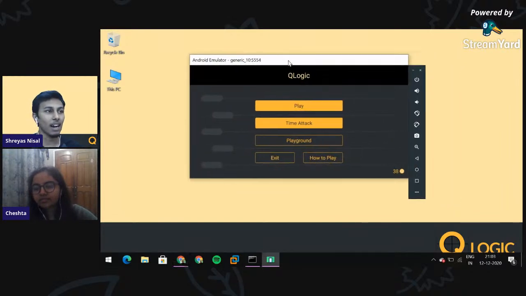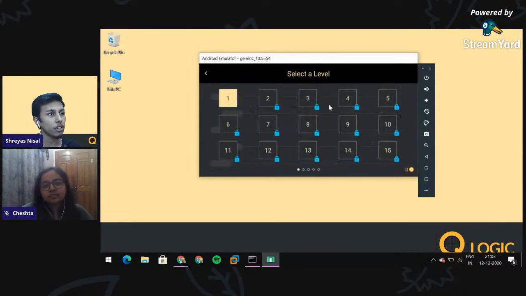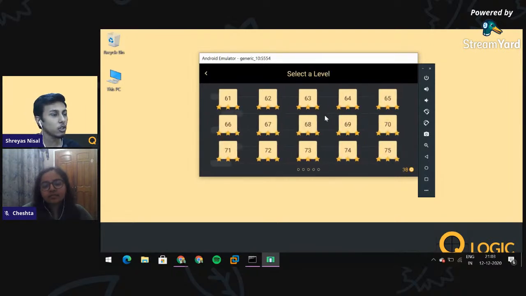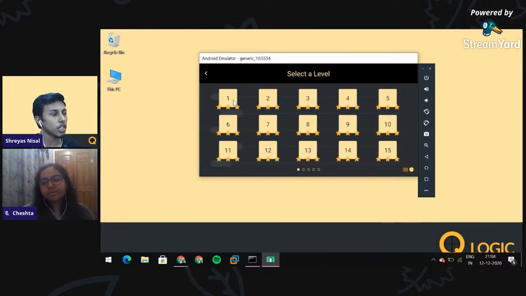Yeah, so I hope you can see the screen. I'm running an emulator which runs the Android game here. So this is what the game looks like when you open it up, and when you hit play, it's going to give you all of these levels. As we mentioned, it has 75 levels right now.